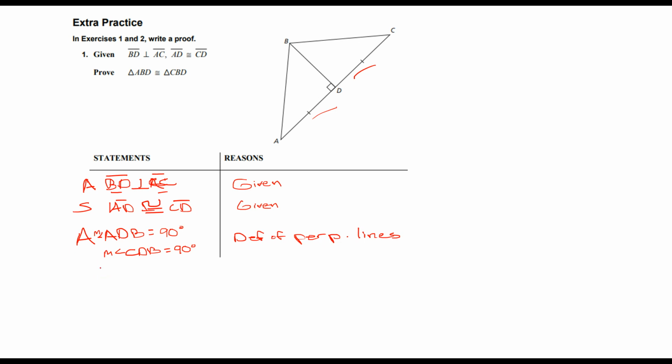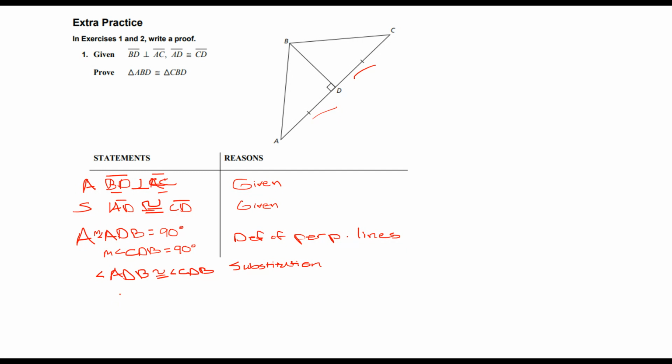And so because of that, I can say that they're both congruent. So angle ADB is congruent, therefore, with angle CDB. And how can I say that? Well, I can say that based on substitution. Or the transitive property might be a little better combo though.